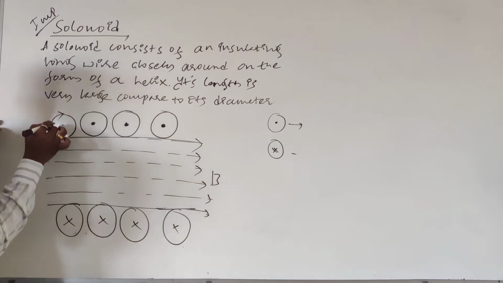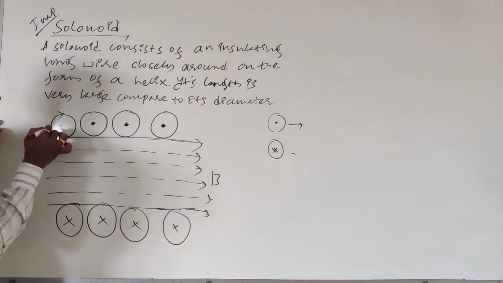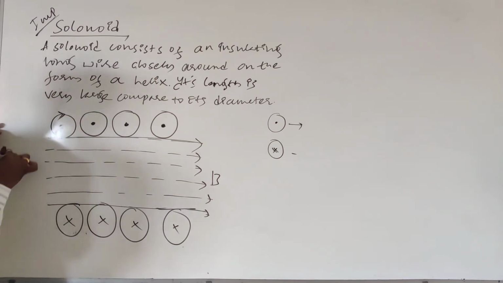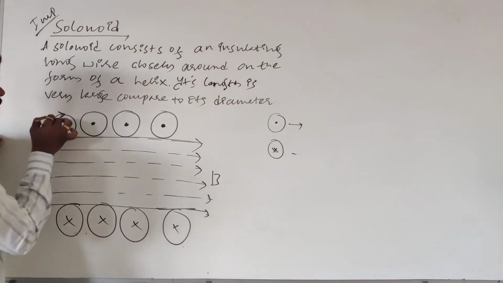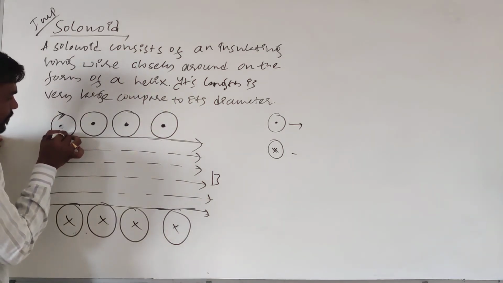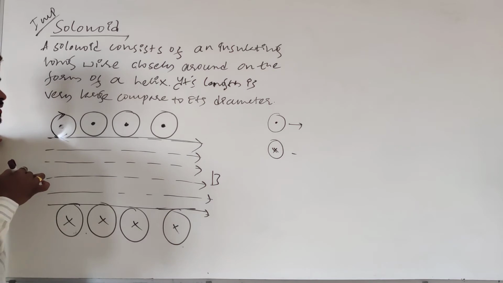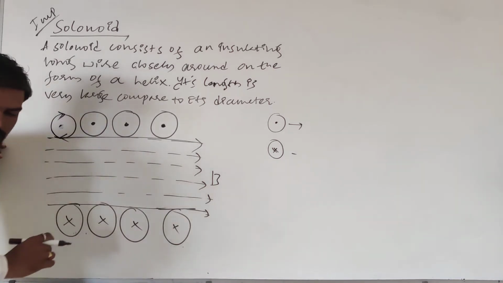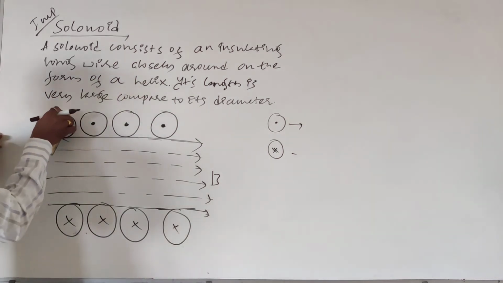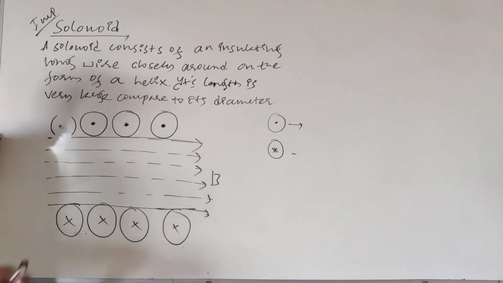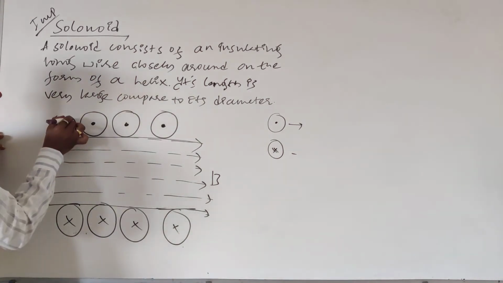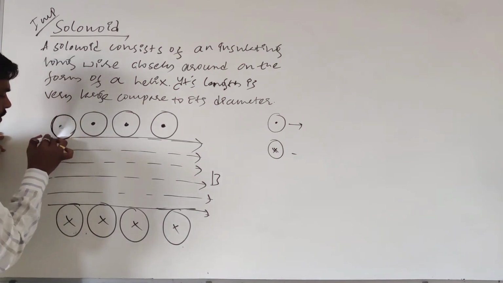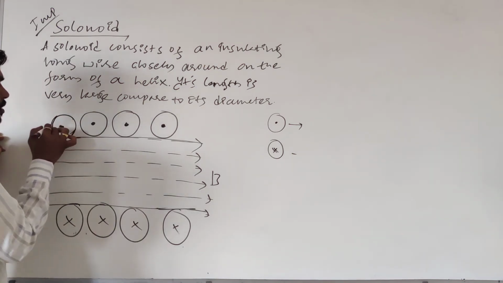So here this one becomes like this, right? So this is dot in a circle.